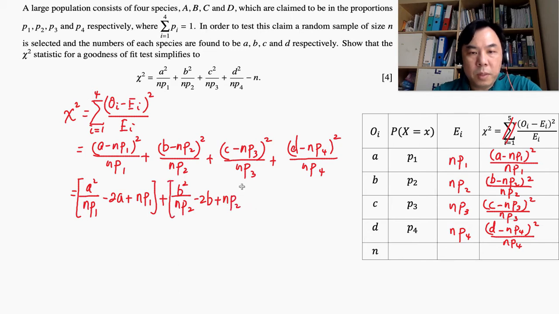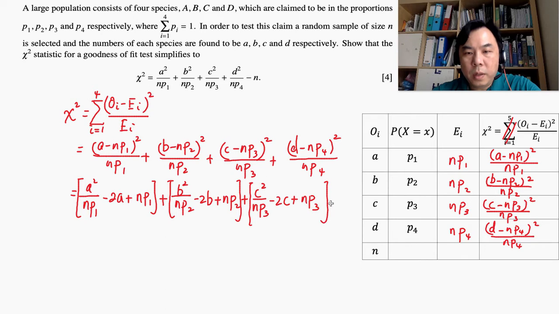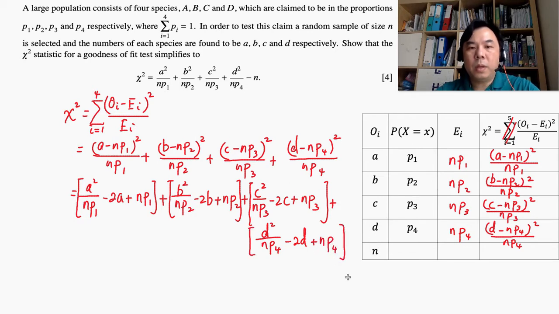Now that will be my second one, and then third one c square, 2c now. And then lastly, I will have the last one, which is given as d square. Okay, and then there you have it.